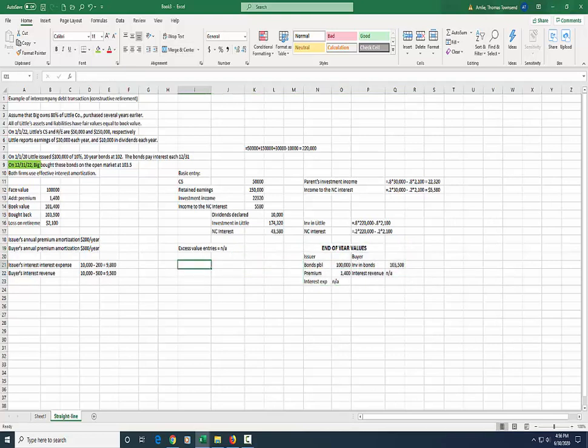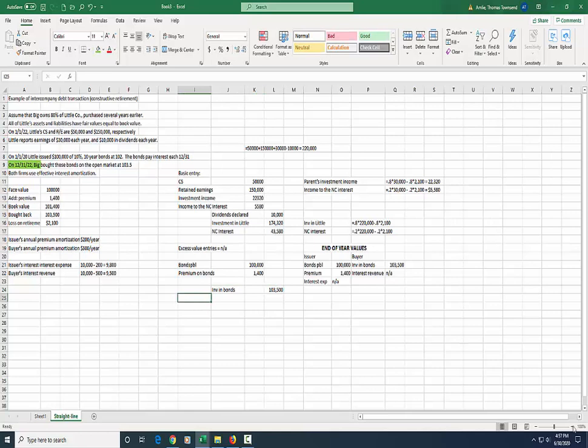What are we going to do? We're going to get rid of bonds payable. Bonds payable has a credit balance, so we're going to get rid of that with a debit. Premium on bonds has a credit balance, so we're going to get rid of that with a debit. Investment in bonds, let's leave a line here. Investment in bonds is an asset with a debit balance, so we're going to get rid of that with a credit.